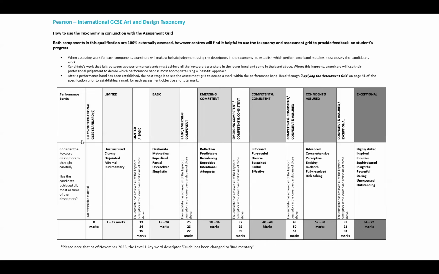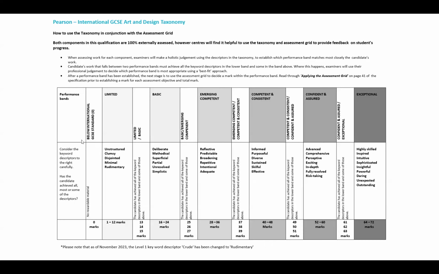So there's 3 points of assessment examiners would use. They would look at the taxonomy to start with to find which of the descriptors in these 6 mark bands best fits the visual characteristics of the student's work.